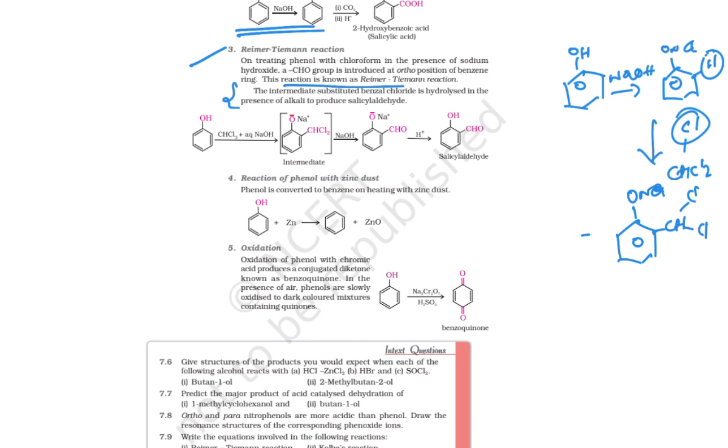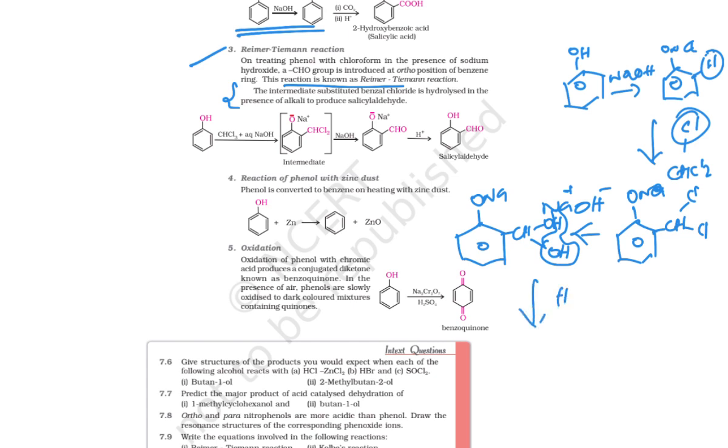Okay, this again reacts with alkali, OH minus. I am taking NaOH, Na plus OH minus. So the product is ONa, CH(OH)2. Clear? Then in this the H2O gets removed. I am using H plus, so this H plus is going to attach with this oxygen. So your product is salicylaldehyde.